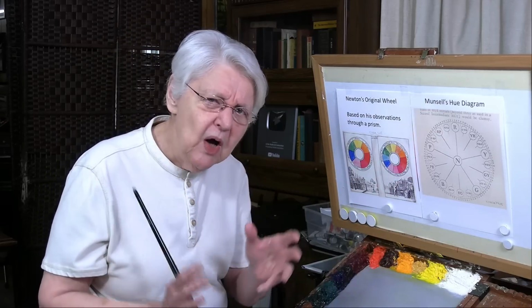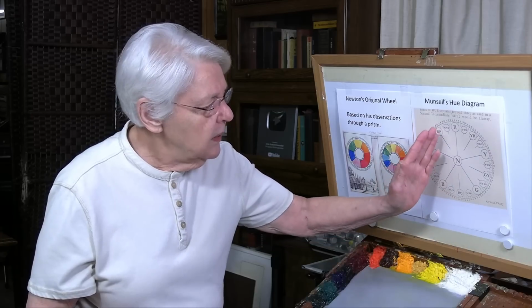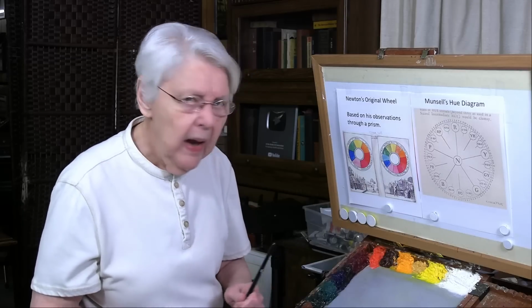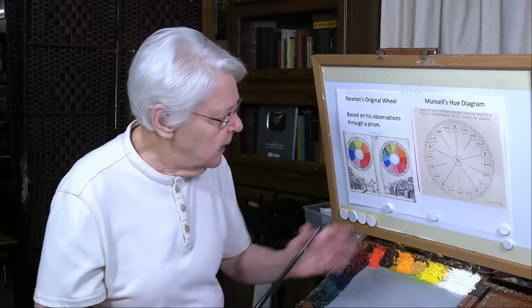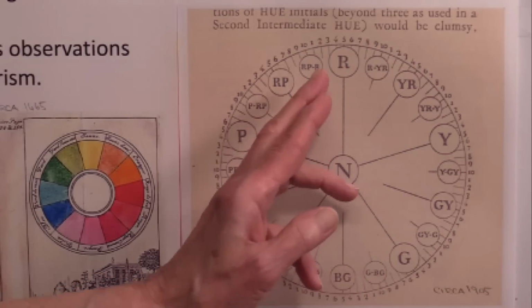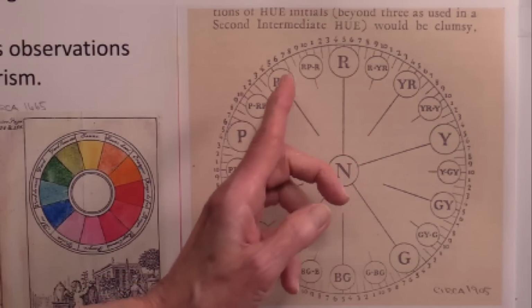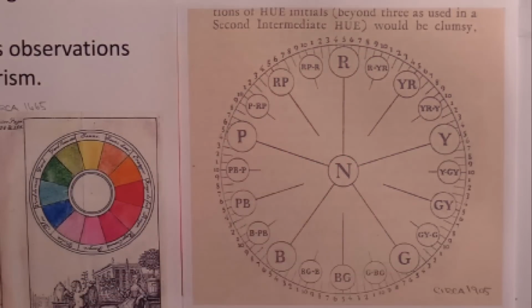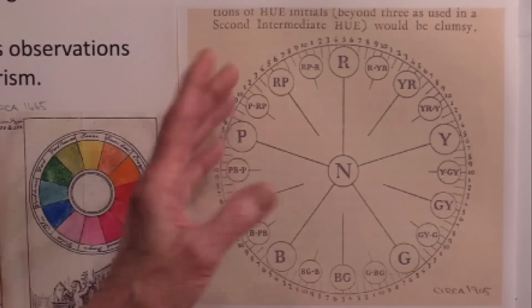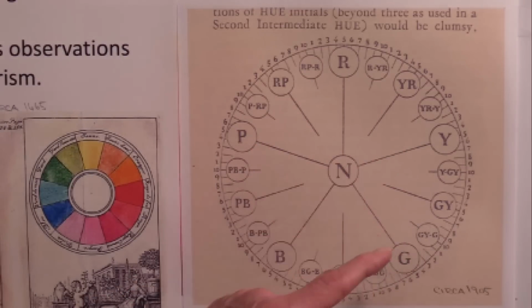Munsell wanted to show a diagram that would create a number for each of the colors we see. And the way he divided that on the wheel, we can see it right here, was that he created a system that identifies 100 hues, and he divided those into increments of 10.